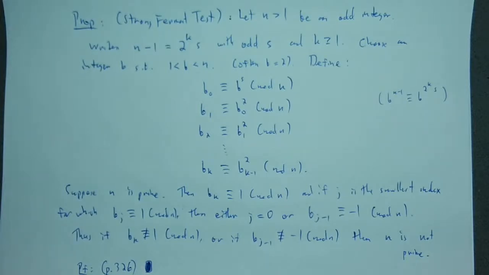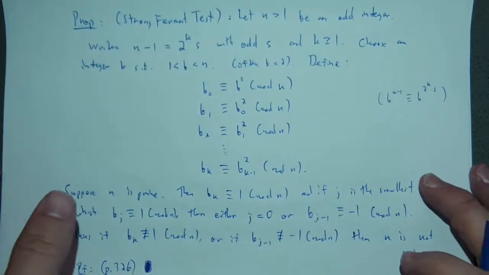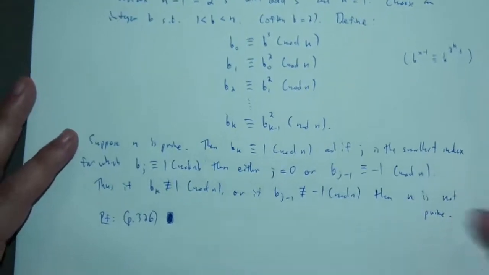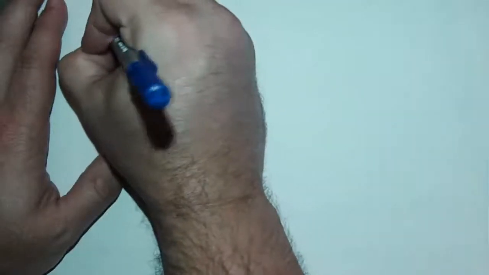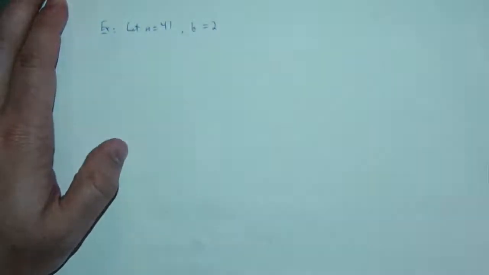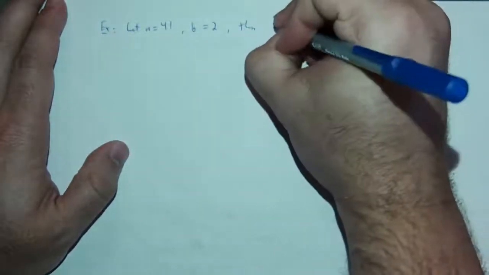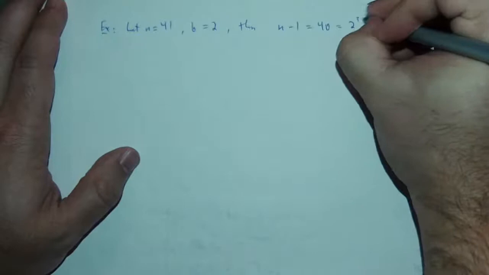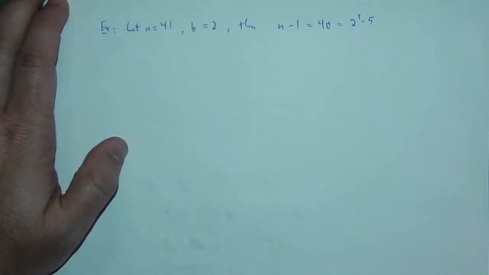So here's an example. If n is 41 and b is 2, then n minus 1 is 40, which I can write as 2 cubed times 5. 2 cubed is 8.